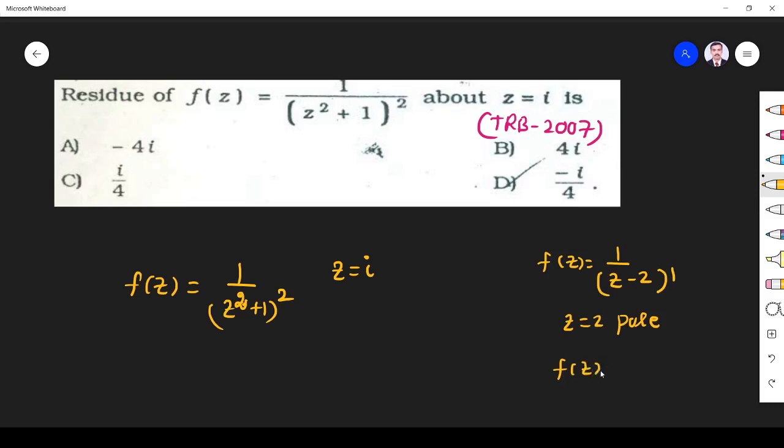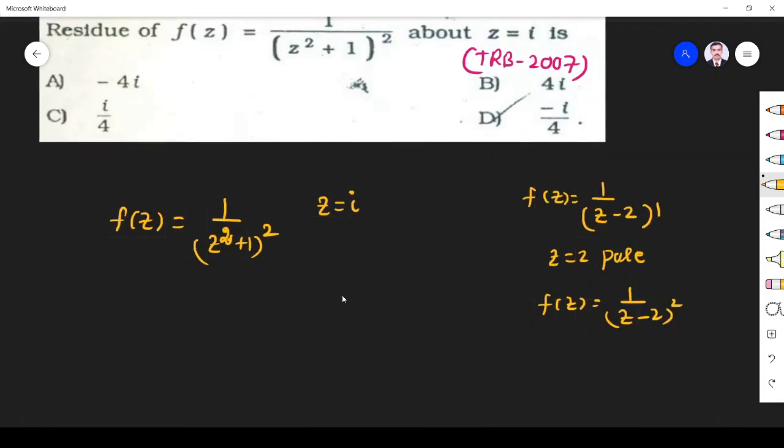Suppose f of z is equal to 1 by (z minus 2) whole square; here also the pole is z equal to 2. The previous one is a pole of order 1, another name is simple pole. This one is a pole of order 2 because we have two factors, that is, 1 by (z minus 2) into (z minus 2).